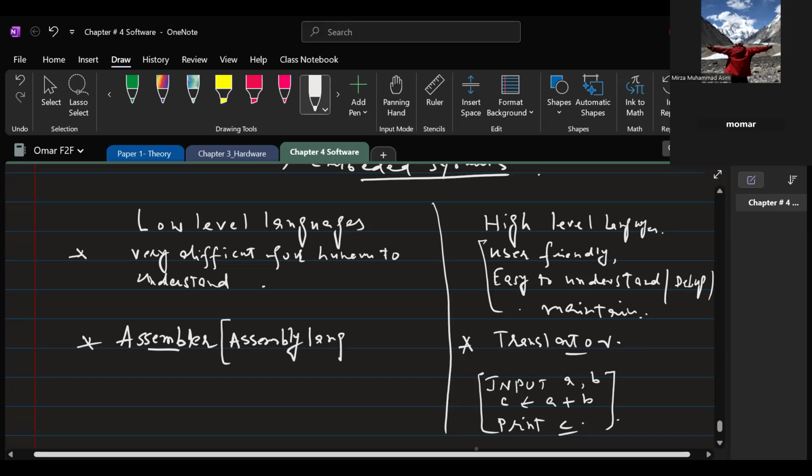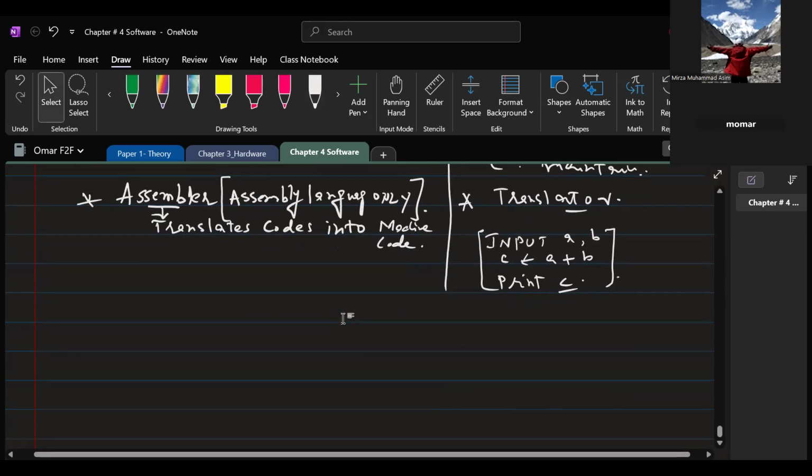An assembler is used to translate the mnemonic codes and instructions into machine code. Clear?